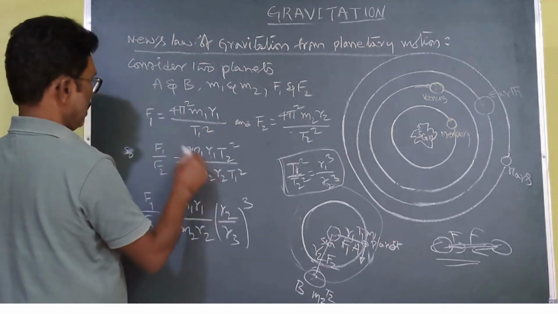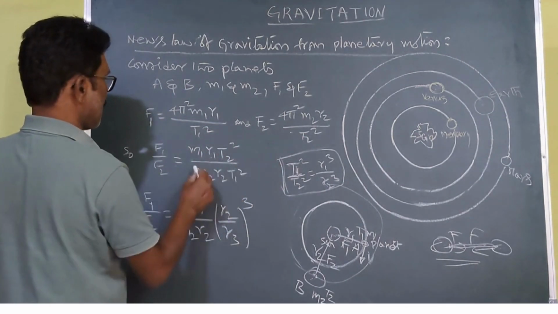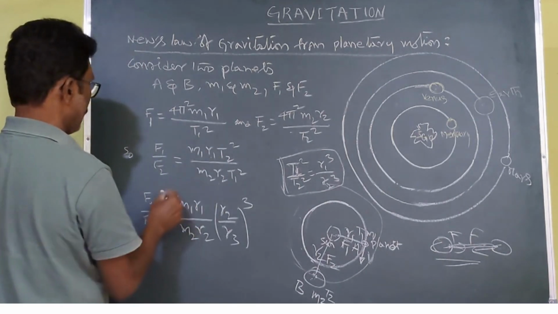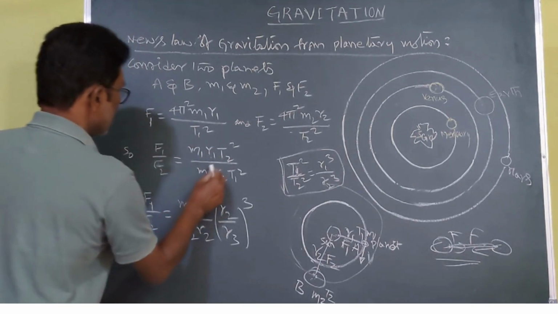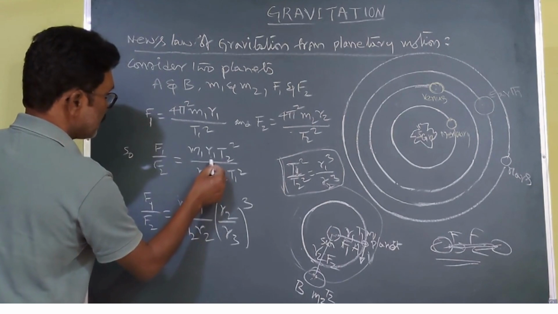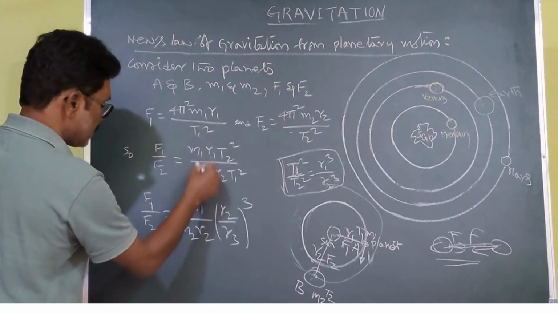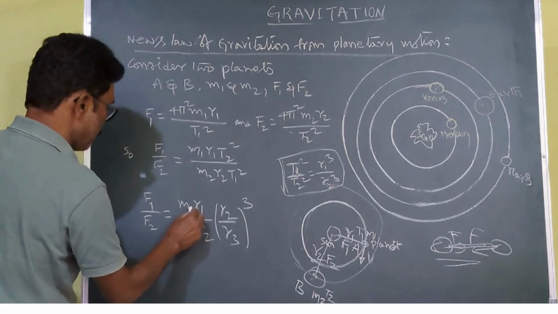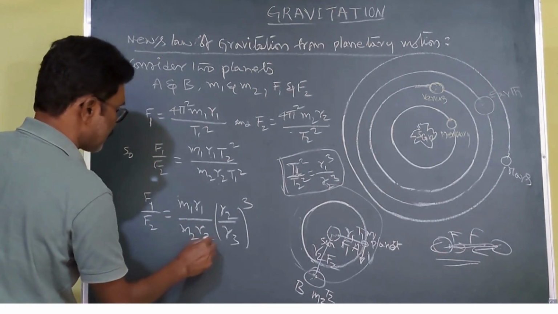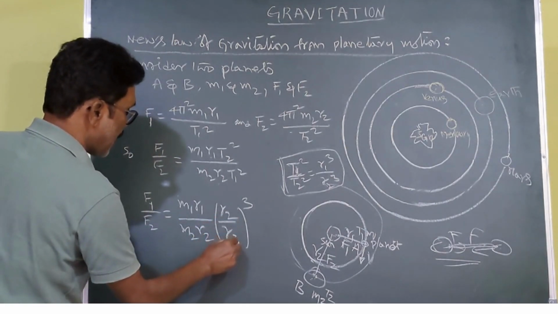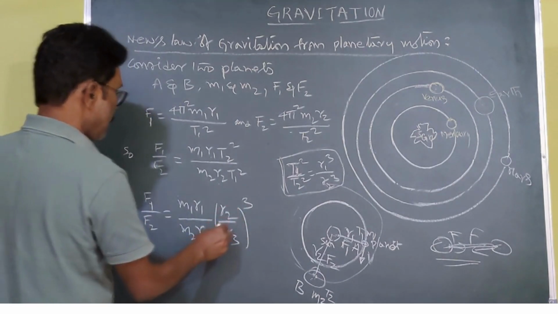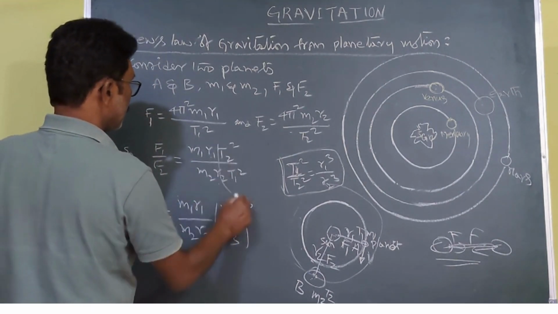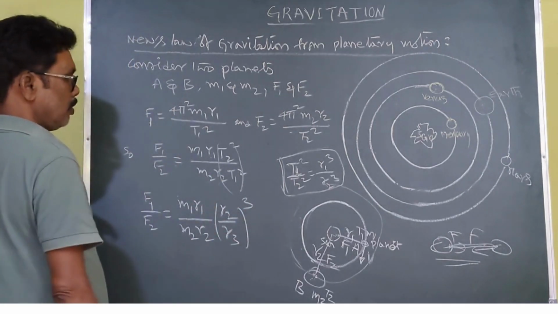If you substitute in these terms, you can get this relation in this form. This is the rearranged equation: F1 by F2 equal to m1 r1 divided by m2 r2, into T2 divided by T1 whole square.